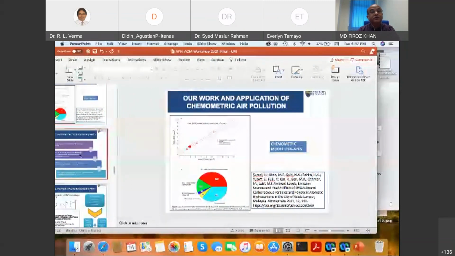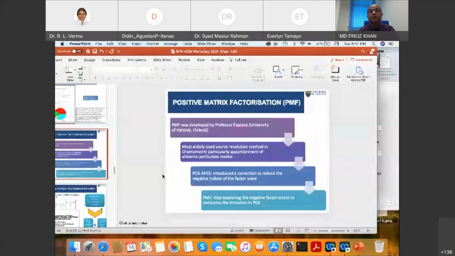Let me introduce you now to one of the most important and robust models, PMF. This model was developed by Professor Paatero from the University of Helsinki. He introduced the algorithm. The key is still with him. If you want to explore more about PMF, want to make some modification, you are always welcome, and you may make a request to Professor Paatero.